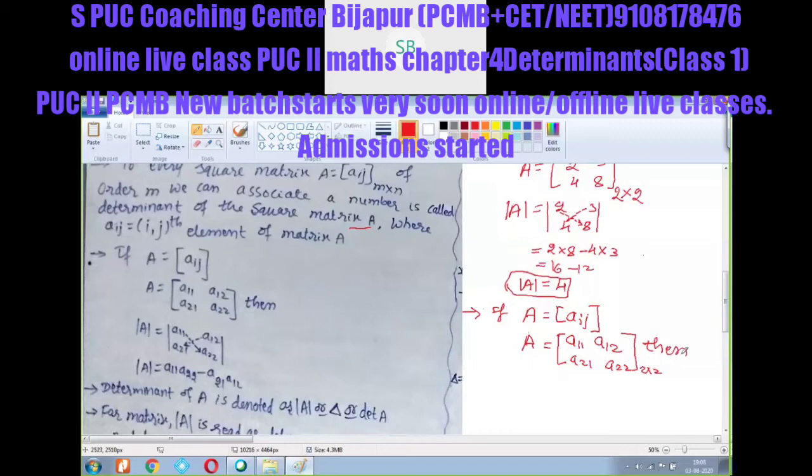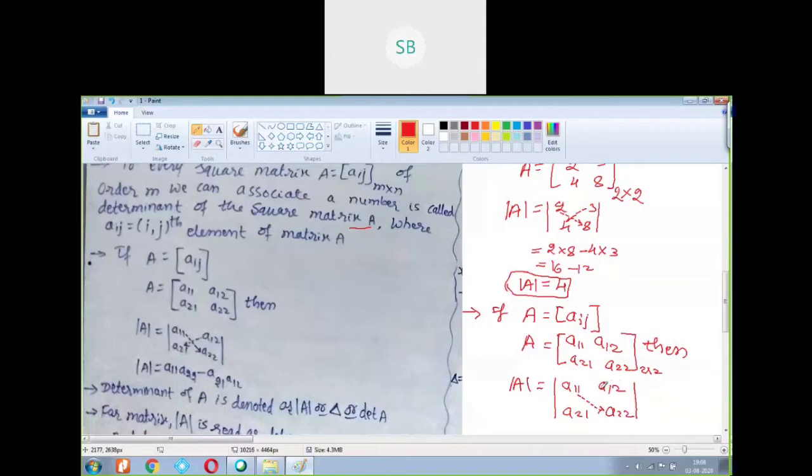Then what is the determinant of A? We write determinant as vertical lines: A11, A12, A21, A22. Then what is the next step? You have to do the multiplication along this diagonal, and next the multiplication along this other diagonal.